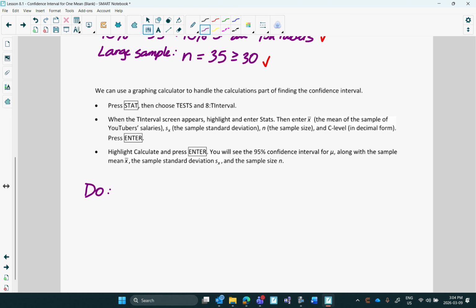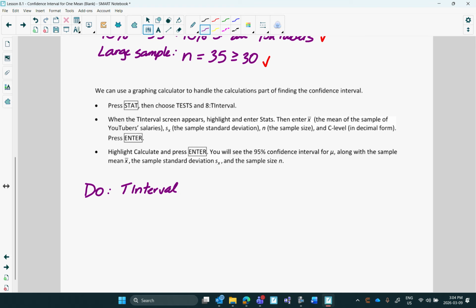One sample, and it's T, not Z. And the only one that fits that is number 8, where it says T interval. So we're going to do T interval. Notice it doesn't say one sample, it just says T interval.